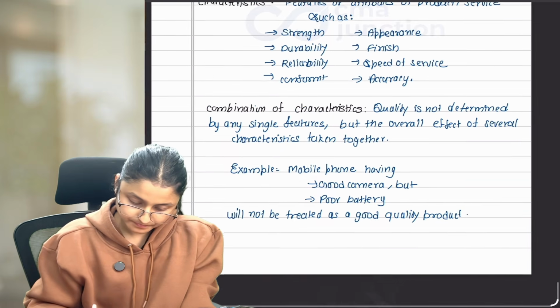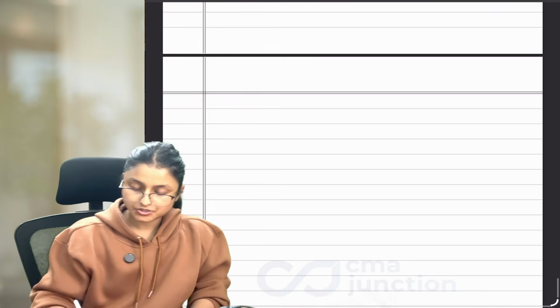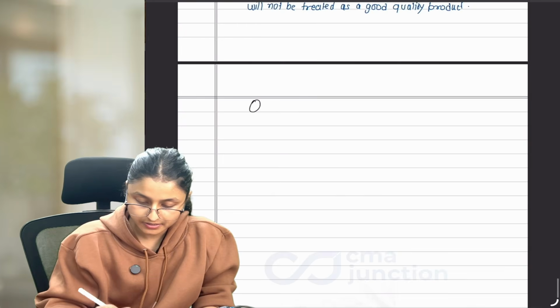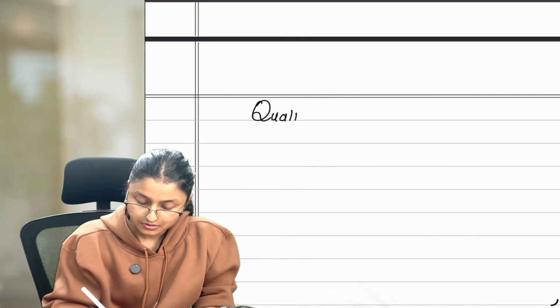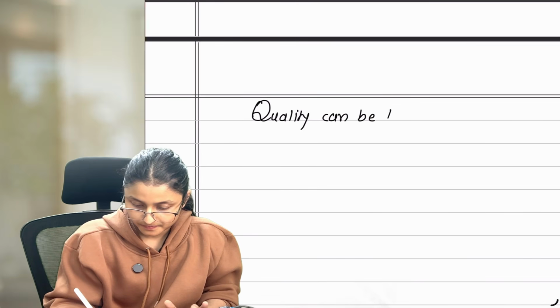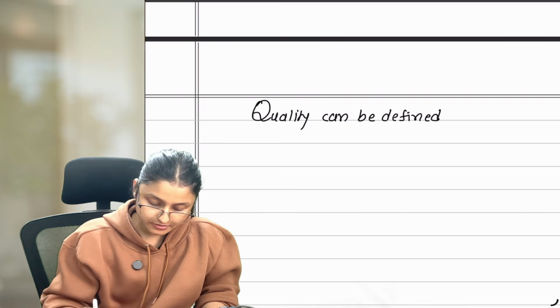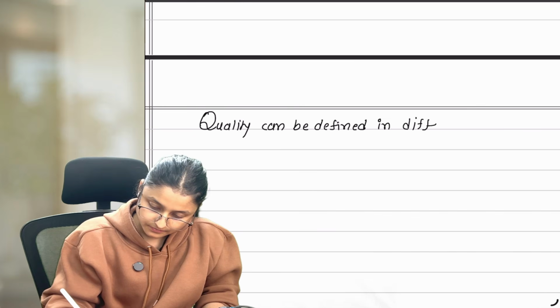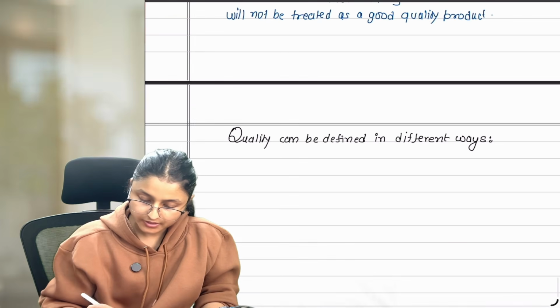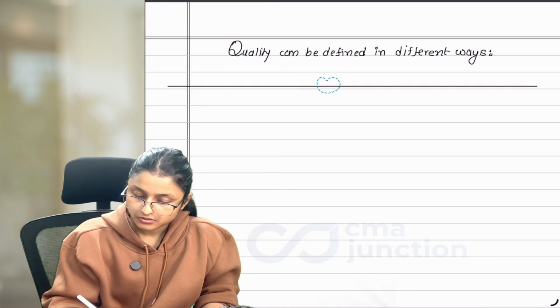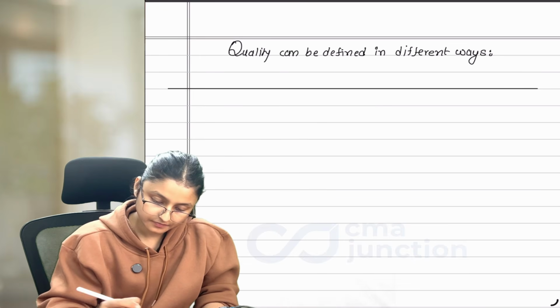Next, quality. There are different definitions of quality, right? Quality can be defined in different ways. Write it down. First, we are defining all the definitions of quality from the customer's perspective.